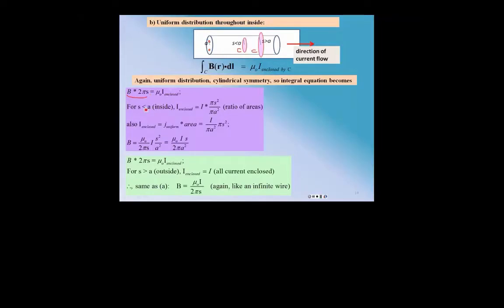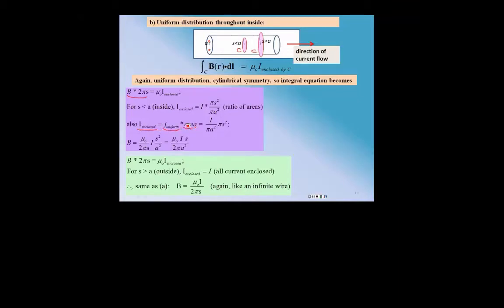So if we're inside, we'll have I enclosed being equal to I times the ratio of the area of this curve to the area of the wire. That will be equal to I total times the ratio of areas given here. Another way of looking at this is I enclosed is equal to the current density times the area.